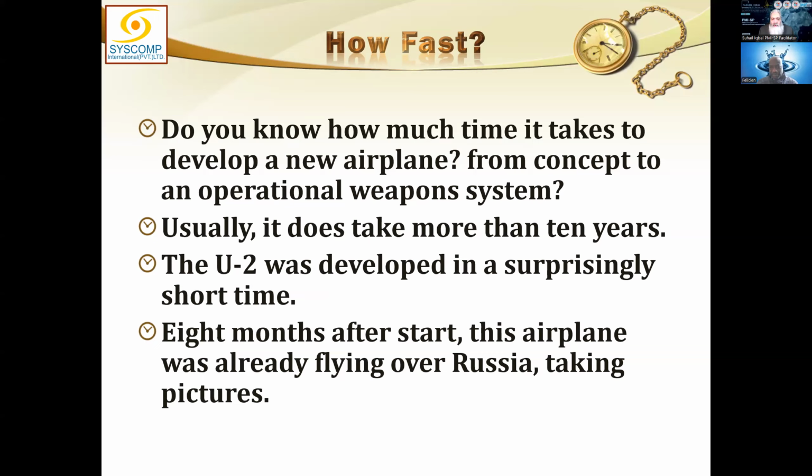The U-2 airplane was developed in a surprisingly short time. 8 months after start, this airplane was already flying over Russia taking pictures. How could that be possible? If a normal airplane takes 10 years, how could someone do that in 8 months? Can you do that with your projects?